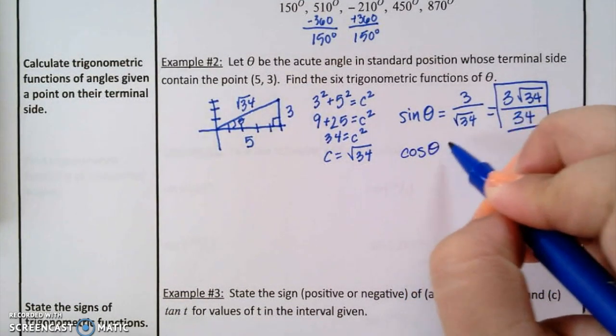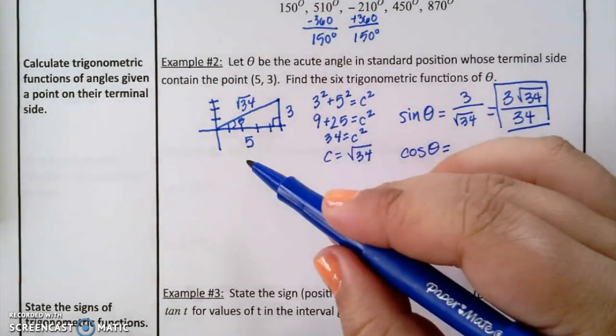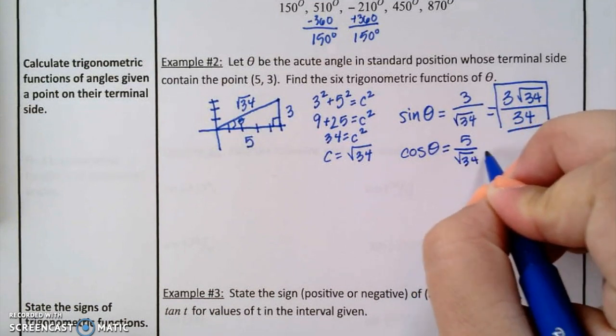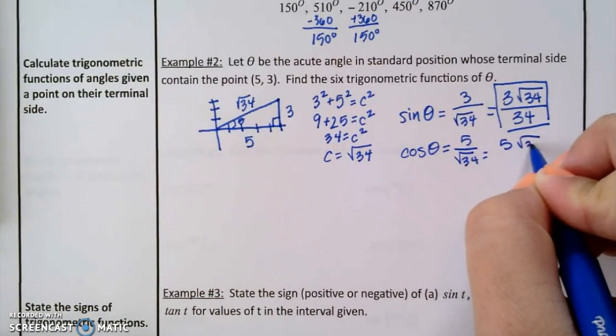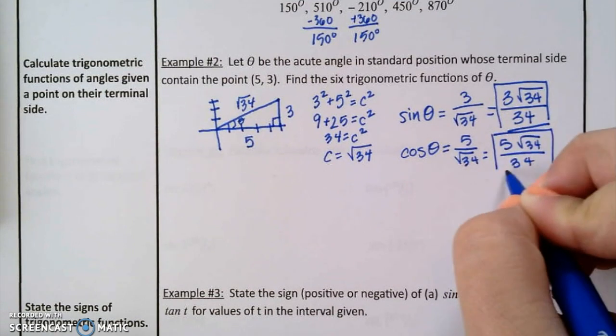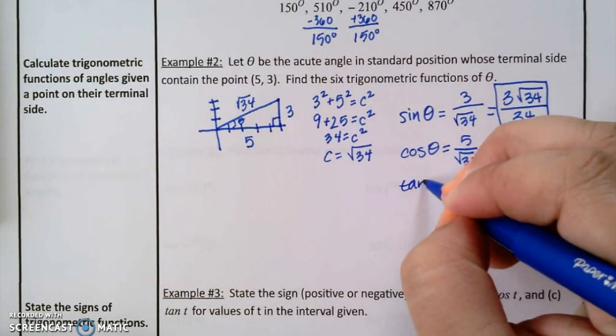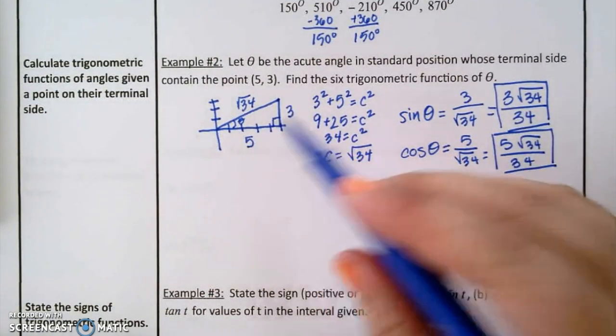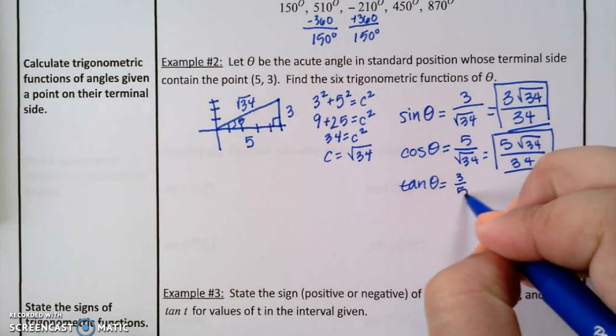Cosine of theta, which is adjacent over hypotenuse, 5 divided by the square root of 34, which is 5 times the square root of 34 divided by 34. Tangent of theta. Tangent is opposite over adjacent. That's 3/5.